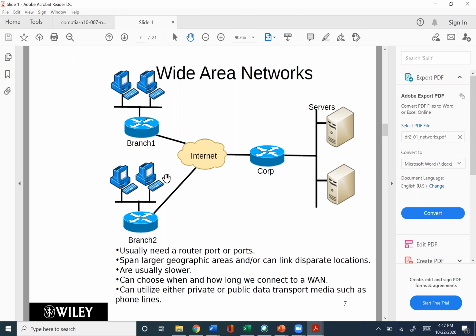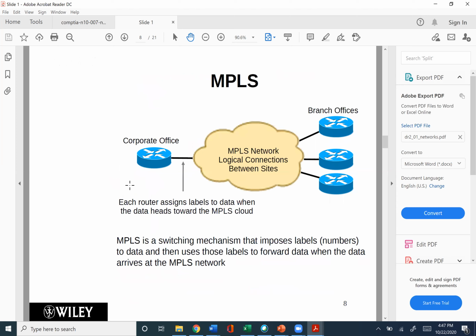There are two houses, but together they create a wide area network. Why? Because there are two different routers in place. That's how you define a wide area network. But like I said, it creates confusion because you look at it as a huge city. Yes, a huge city is a wide area network, but the smallest way to define it is what we see right here.